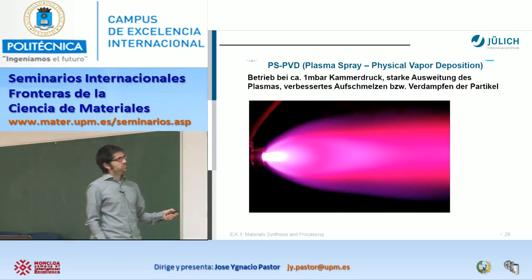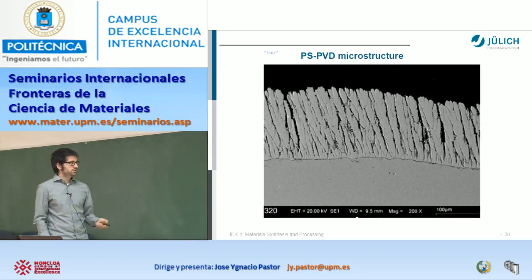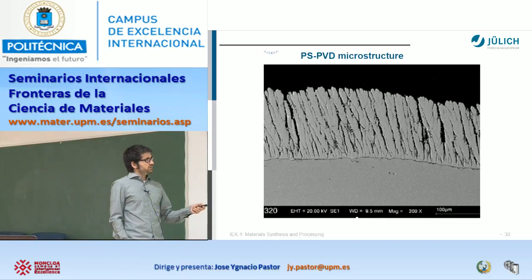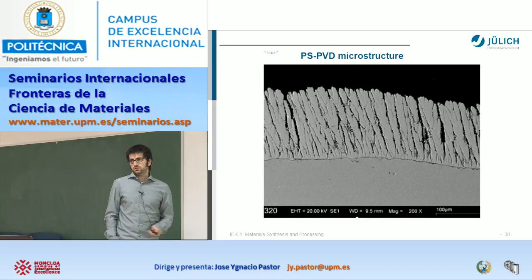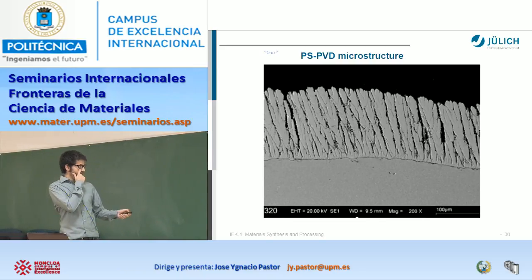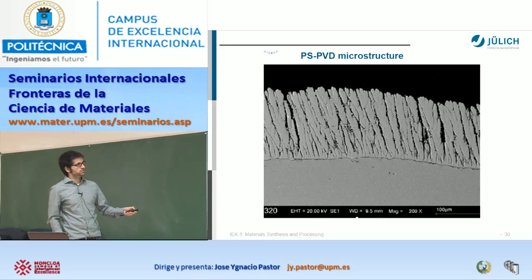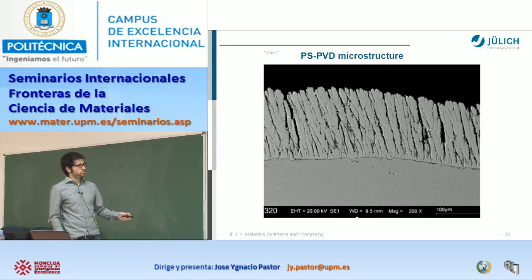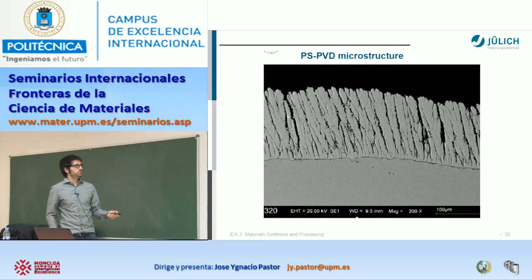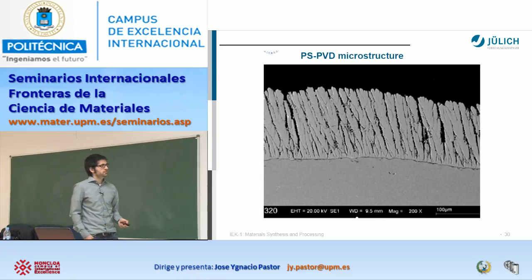With this plasma spray physical vapor deposition, you can produce this columnar structure that improves the characteristics of your material through these channels. Of course, the oxygen can penetrate, which is one of the problems, but it has more versatility in terms of thermal shock, with the strain and so on.